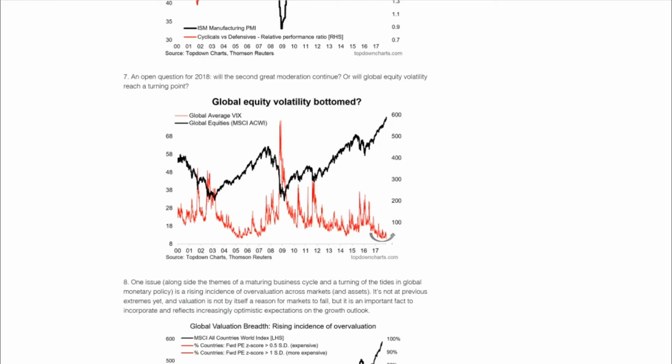One, will this second great moderation that seems to be underway at the moment continue, or will global equity volatility reach a turning point? What to think about on whether it may reach a turning point is what's happening with global monetary policy.